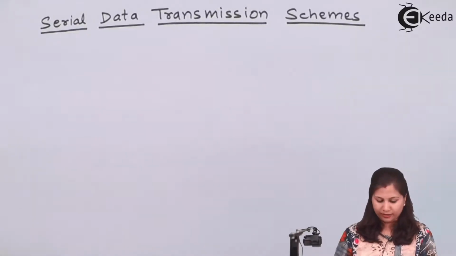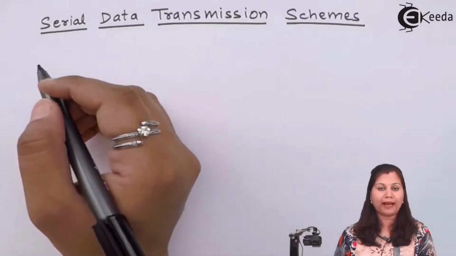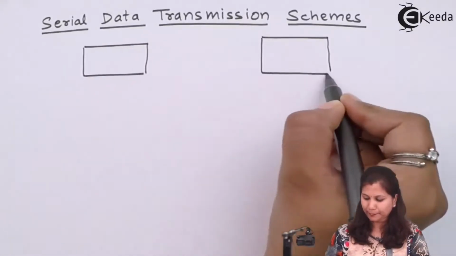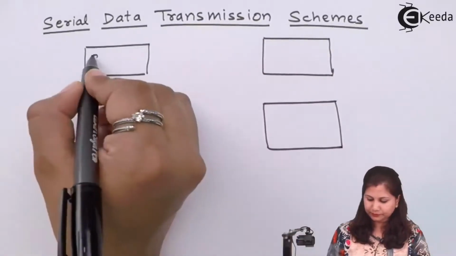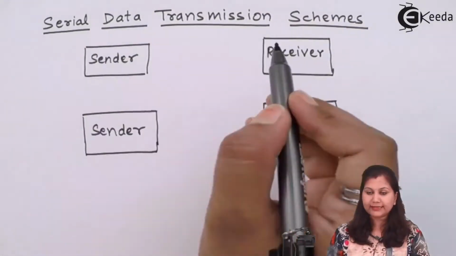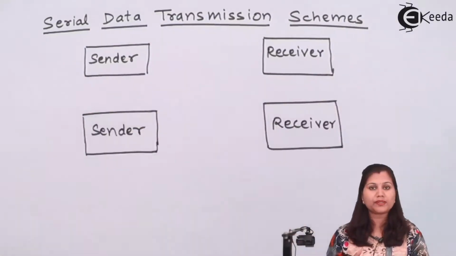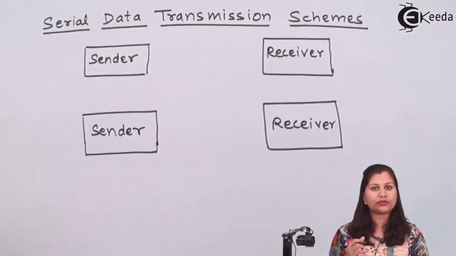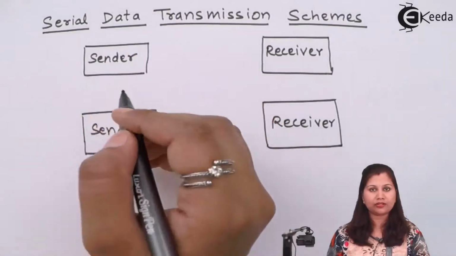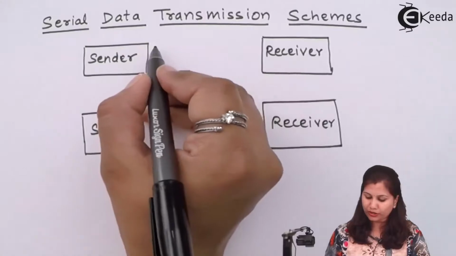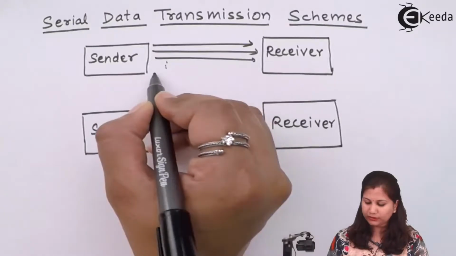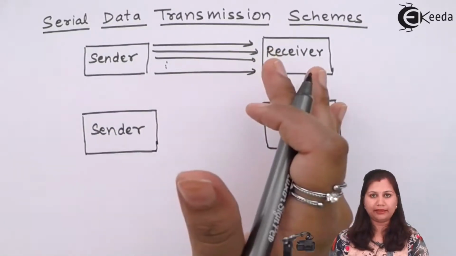So if we draw the diagram for the parallel and the serial data transmission, suppose this is the sender and the receiver. Sender is going to send the data and receiver is going to receive the data. In the case of parallel data transmission, all the bits are transmitted at the same time. So here, if we are having 8 bits of data, then all the 8 bits will be transmitted simultaneously.